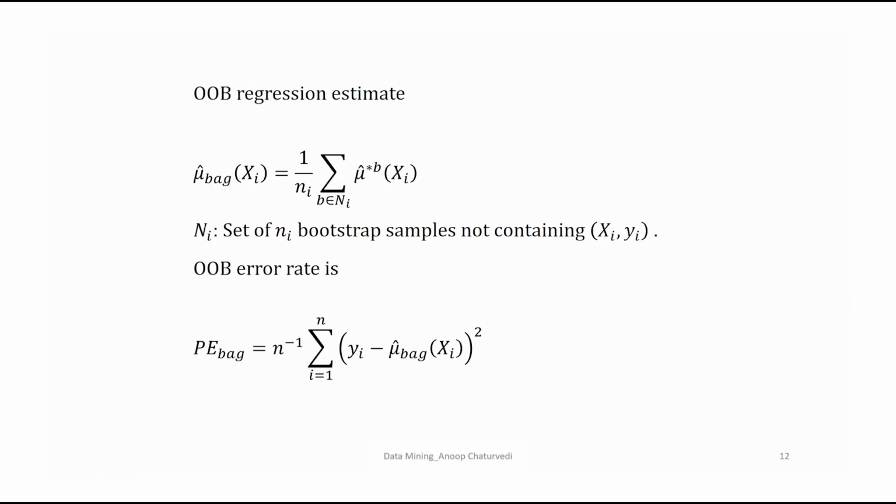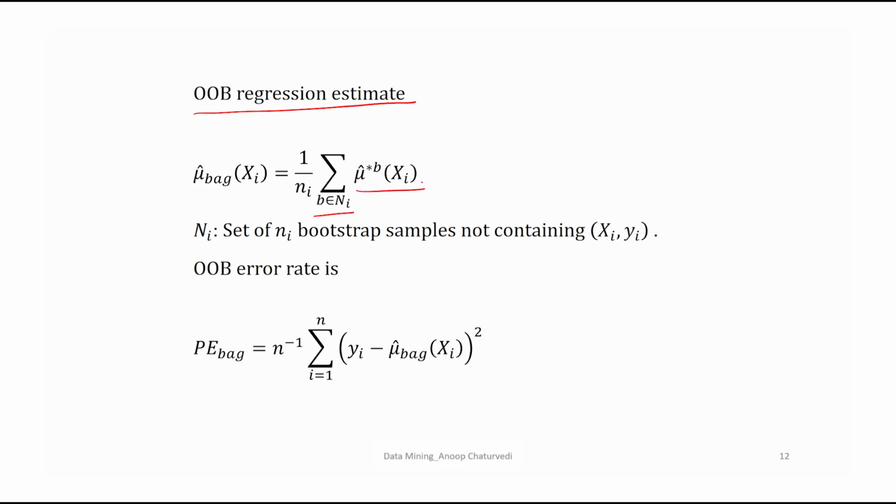And then the out-of-bag regression estimate is mu hat bag xi equal to 1 upon ni summation over b belonging to the set Ni of mu hat star b xi.